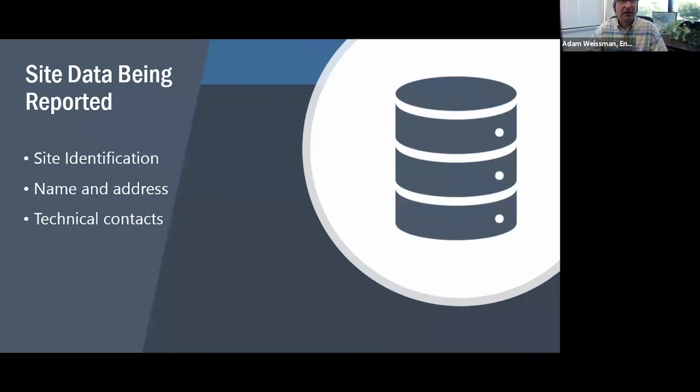I think the data itself that's on the Form U is probably somewhat obvious, you could guess. So when you actually start to populate a Form U, you're going to report site data, you're going to identify the site, you're going to have obviously who owns the site, name and address, who the technical contacts are. This is nothing different than the PRI report cycle.